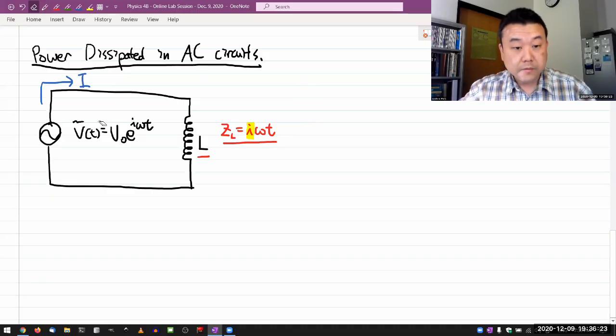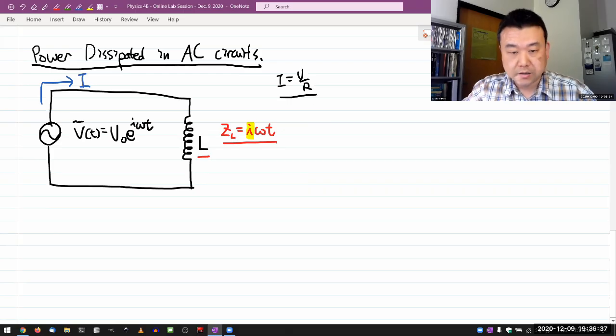So, I said the analysis of this was simple. Imagine applying Ohm's law, which says that current is voltage divided by resistance, and impedances work like resistances.